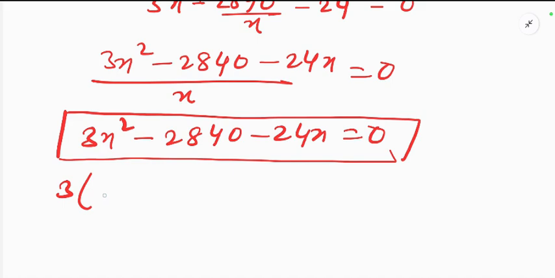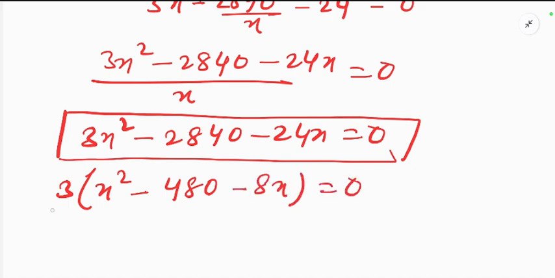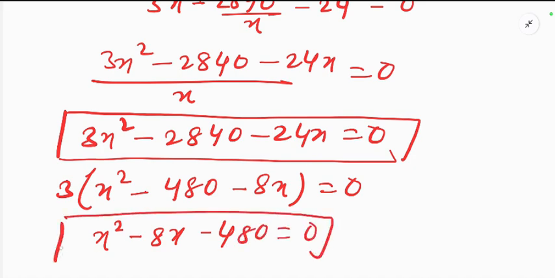Let's take 3 as common. x square minus 480 and 8x equals 0, and so we will get the final result as x square minus 8x minus 1280 equals 0. This is our quadratic equation. Thank you. In the next part we will start 4.2.